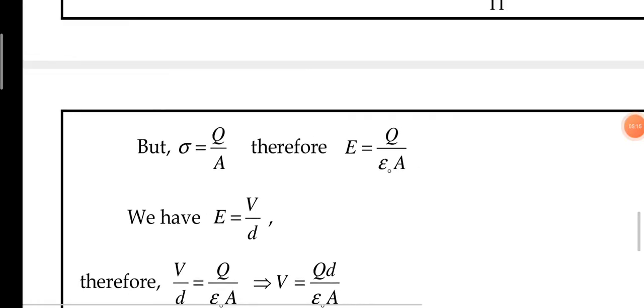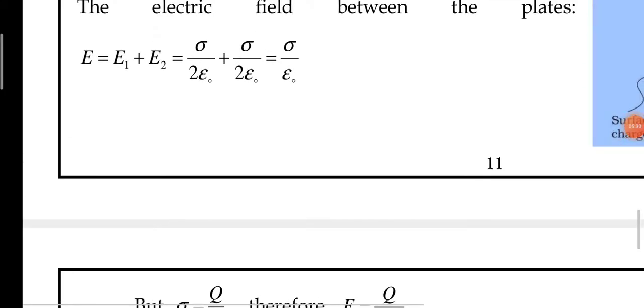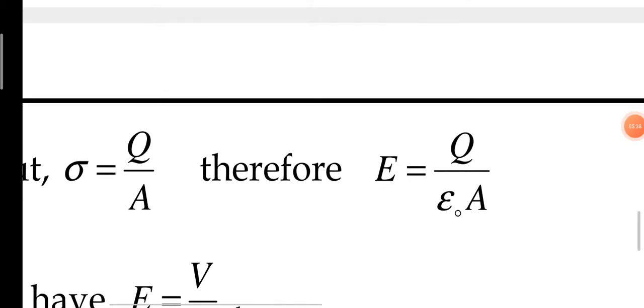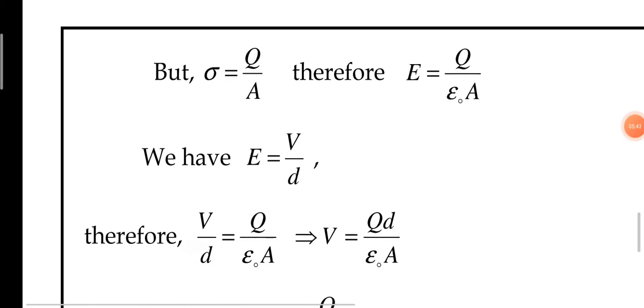Thereafter, surface charge density sigma is equal to charge per area. Linear charge density, surface charge density and volume charge density we have studied in our regular class. From this, the electric field E: instead of sigma, if you substitute Q by A, you get E equal to Q by epsilon naught A. But we also have the relation between electric field and electric potential with respect to distance, E equal to V by d.